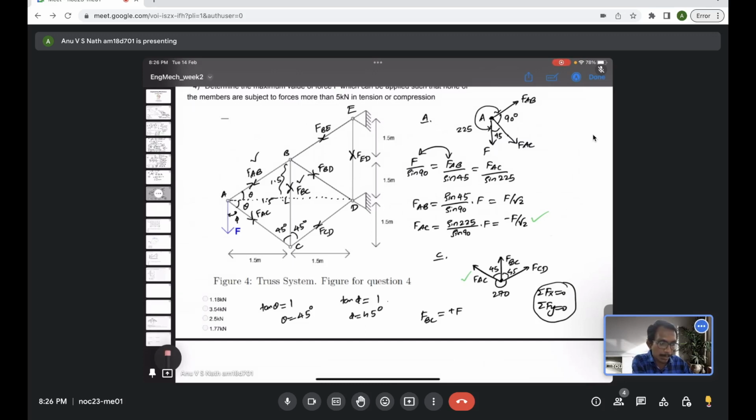Or when you're done with C, you can move to joint D, but there you will also have support reactions as unknowns, so you better go to joint B. You can gradually proceed from one joint to another to evaluate all the internal forces.